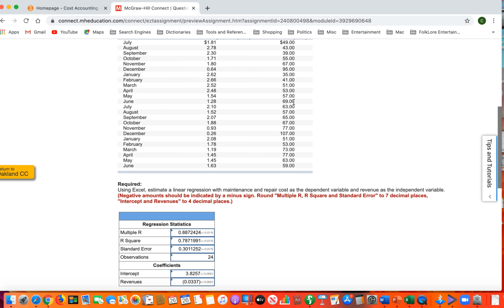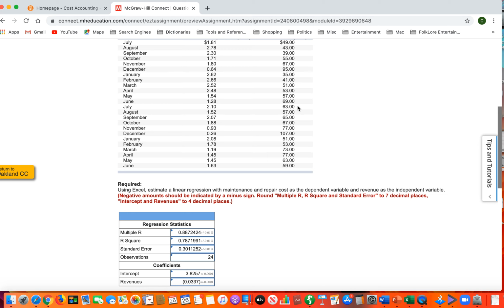Okay, let's do another one. Let's take July, 63. So let's again take the y-intercept, so the constant is 3.8257 plus, open parenthesis, a negative 0.0337 times 63, close parenthesis, and that gives us, what did I have here?